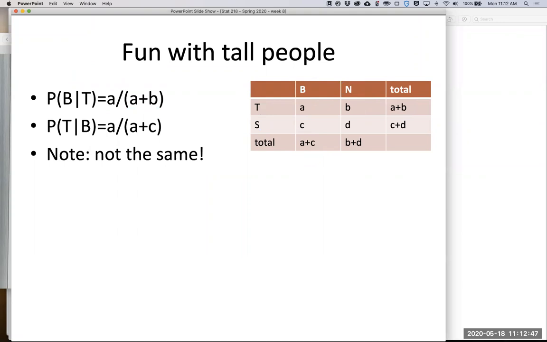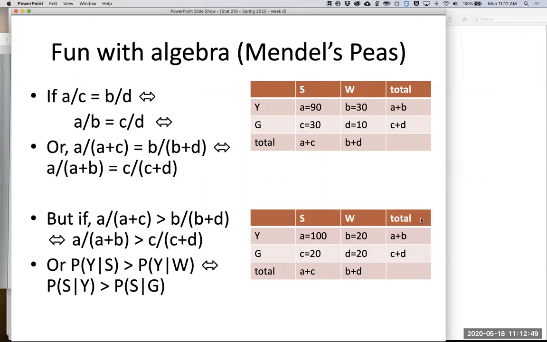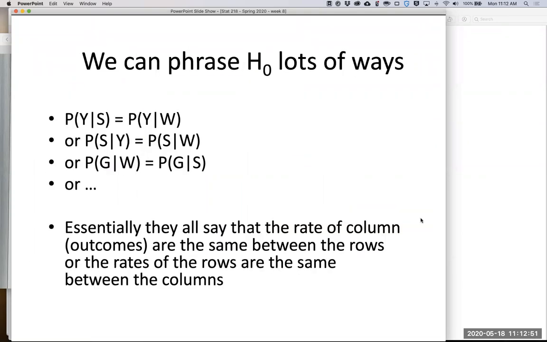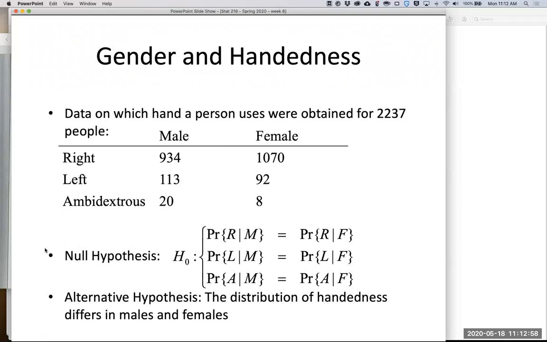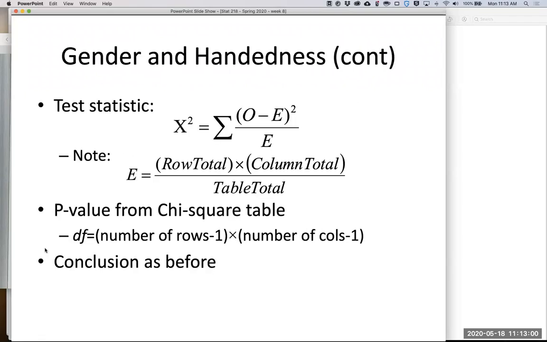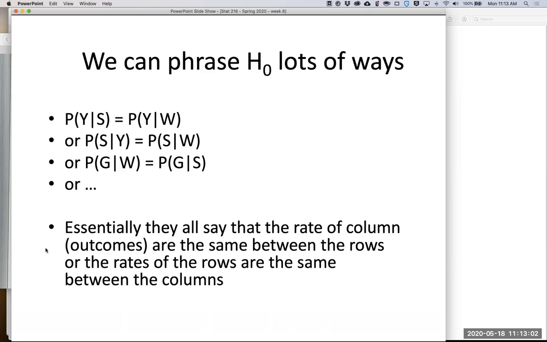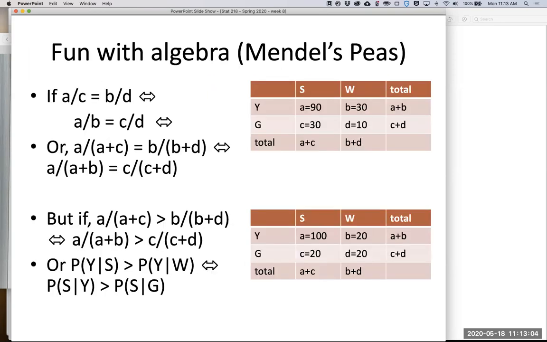So let's move forward into newish material. There's lots of ways of stating a null hypothesis, and maybe I'm going to work from that in the context of Gregor Mendel's peas. Gregor Mendel's peas are smooth or wrinkly, yellow or green.